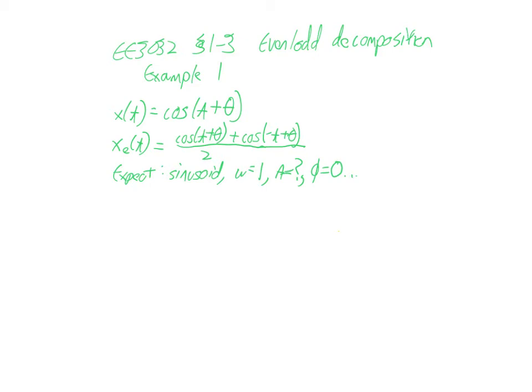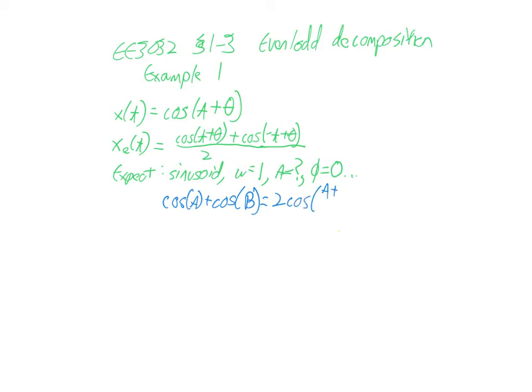So we're going to use a trig identity, and the trig identity that we are going to use here is this one, cosine of A plus cosine of B. And from a trigonometry class or a table in your calculus book, or look it up online, we can show that this is a product of two cosines.